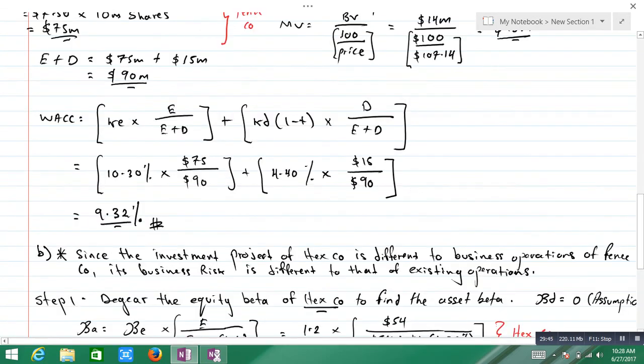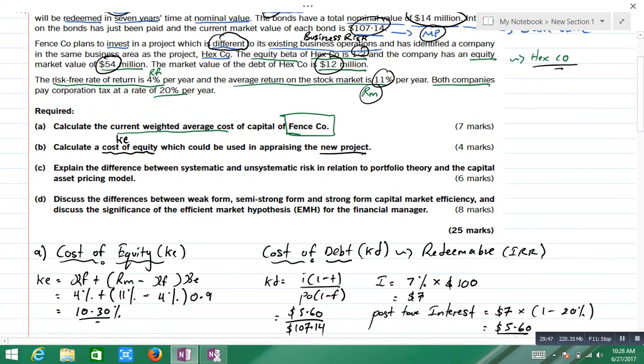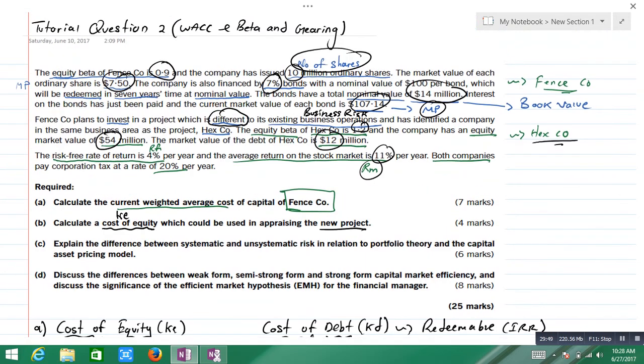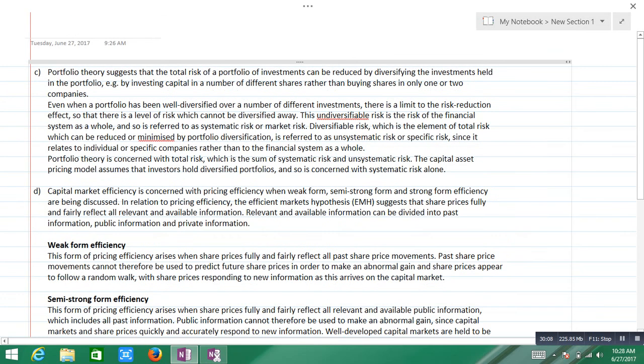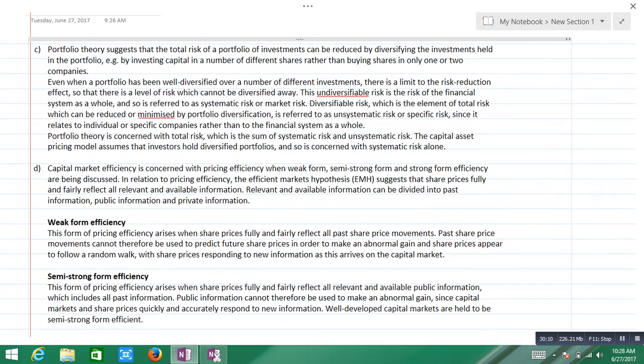What I taught you previously in the class was that unsystematic risk is a risk which can be diversified away, but it cannot be diversified 100%, though it can be minimized. Systematic risk cannot be diversified because it's more about external factors, for example interest rate, tax, economic factors, government factors, and so on.